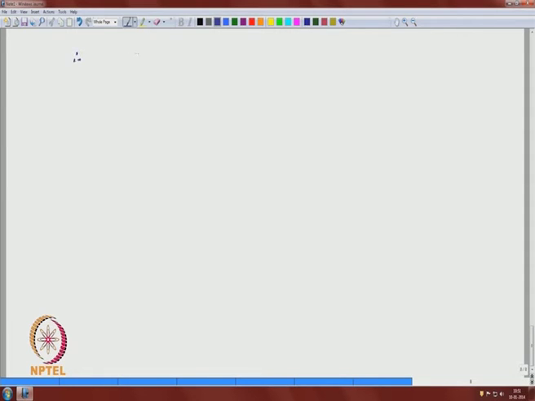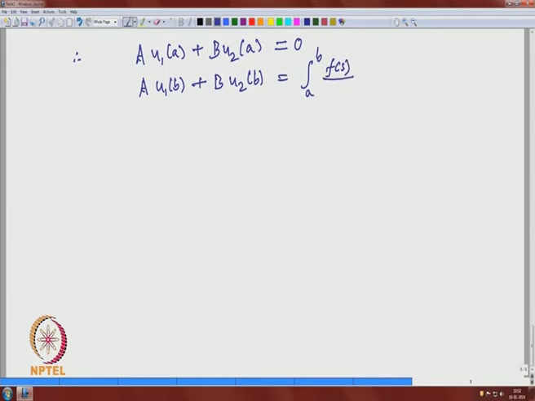Therefore, A u1 a plus B u2 a equal to 0 and A u1 b plus B u2 b is equal to the integral from a to b. So, let me not write the whole thing. You just copy from the previous line. Only thing is I am taking the other side, so there will be a sign change.